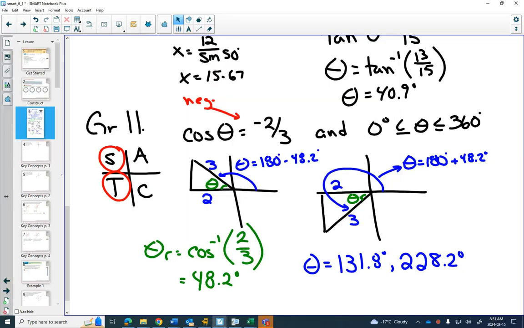In grade 11 we learned our CAST rule. The triangle got taken away, so then you had to think about where that angle could be according to your CAST rule. You could draw it with your reference angle and always make a triangle back to the nearest x-axis. We are going to do that lots in grade 12 as well.